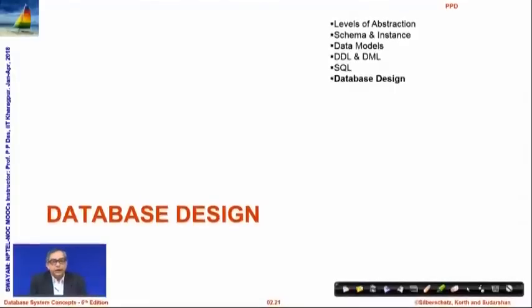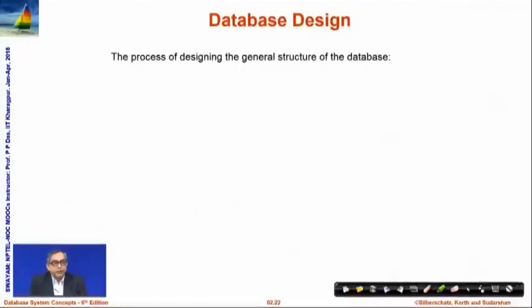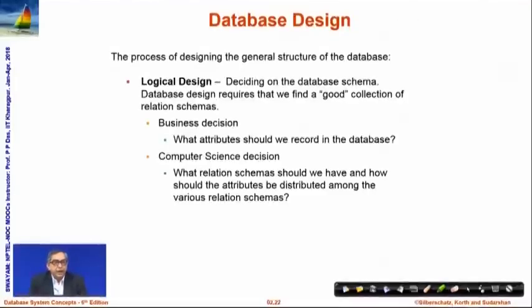Coming to the database design aspect, this is the process through which databases need to be designed, and certainly the first part of the design is the logical design, where you need to identify what the schemas are, what constraints apply, and what authorization is required. The first set of decisions about those are related to the business, which basically comes from the domain.